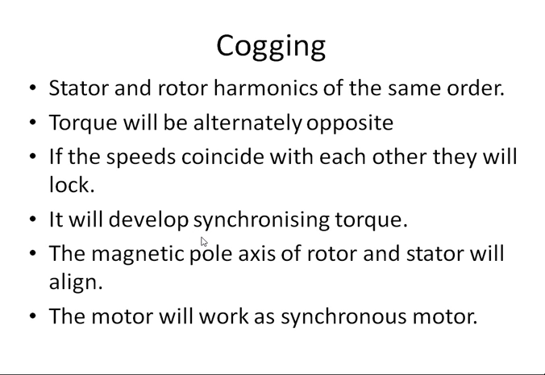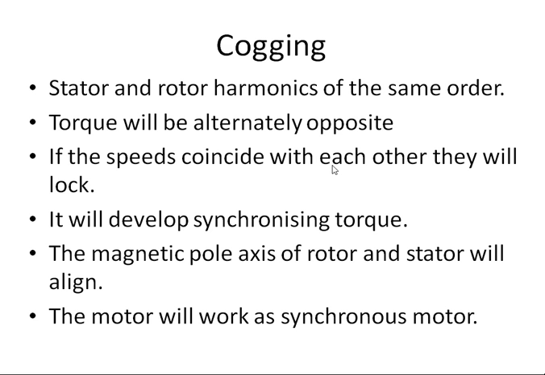This can also be explained as follows: we know that the motor has stator poles as well as rotor poles. So if the rotor poles and stator poles align with each other, there will be minimum reluctance between these two poles. So they will produce a locking effect, and they will develop a synchronizing torque. So the motor will work as a synchronous motor.